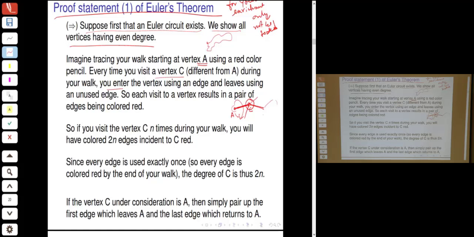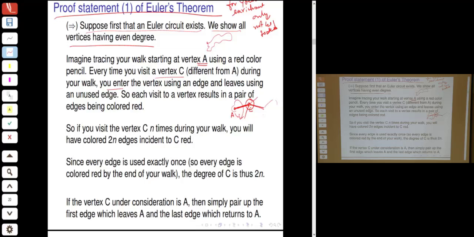Since the Euler circuit covers all the edges of the graph, in particular these visits to C must cover all the edges which occur at the vertex C. So all edges occurring at the vertex C must have been colored by your red pencil by now. And these edges which are incident to the vertex C occur in pairs, one for entry and one for exit for each visit to the vertex C.